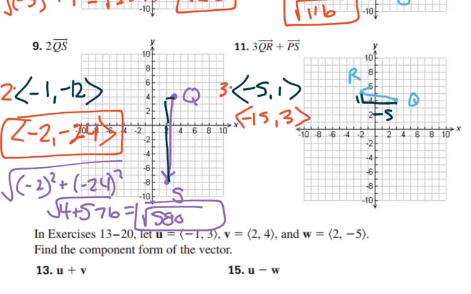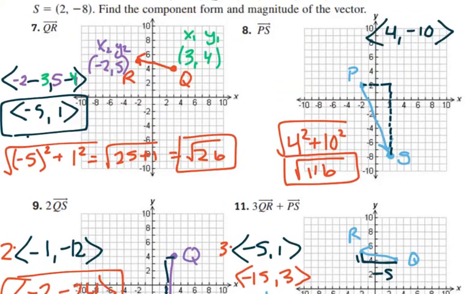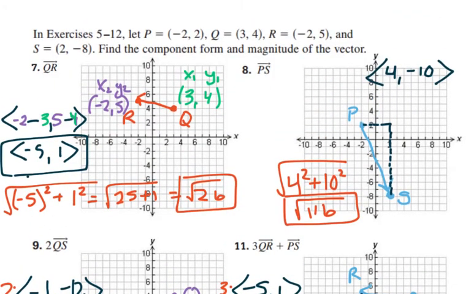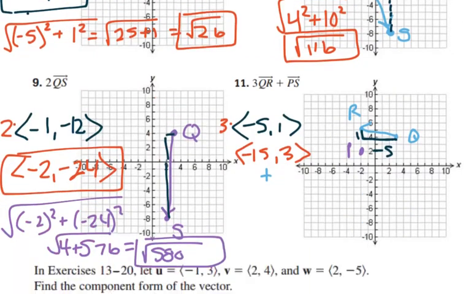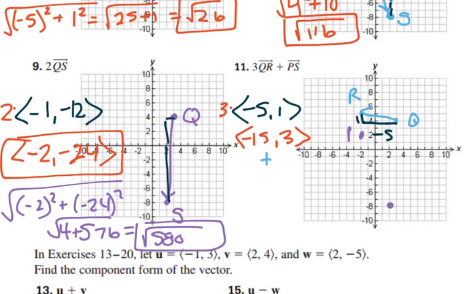Okay. But to that, I'm going to add PS. And so PS is going to be, where's P? Negative 2, 2. And S is 2, negative 8. And so the component form of that is, let's see, over 1, 2, 3, 4, so 4, and down 2 plus 8, so down 10.